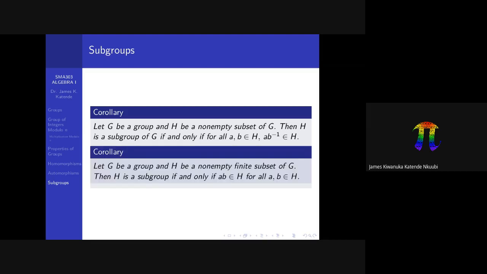So here is another one which says if you have a group and H is a non-empty finite subset, note the word finite, then H will be a subgroup if and only if H is closed under the same binary operation. So the key word here is finite. We have a group, we don't care what the group is, but the subset is a finite subset.